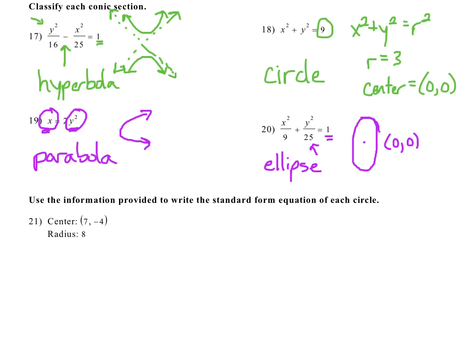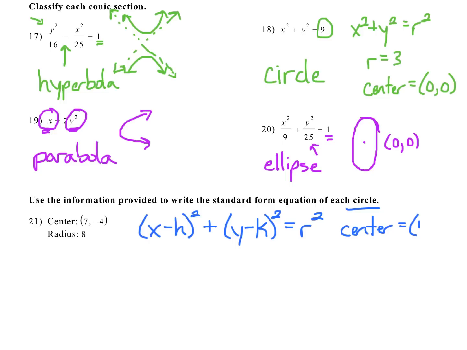And finally, for number 21, it says use the information provided to write the standard form of the equation of the circle. Now, the standard form of an equation of a circle is x minus h squared plus y minus k squared equals r squared, with the center at h comma k.